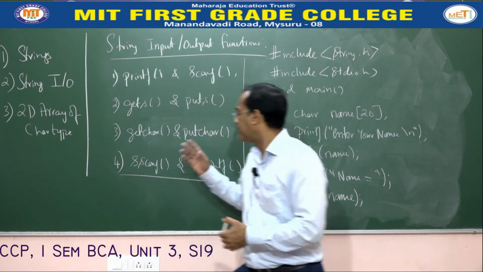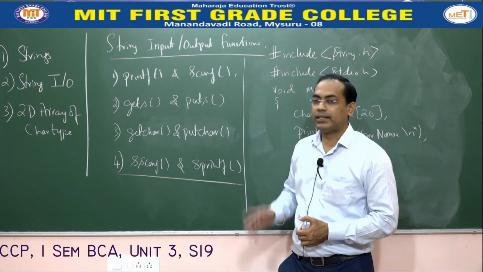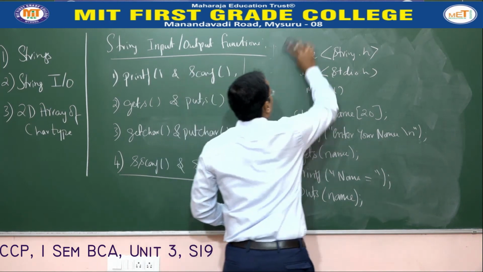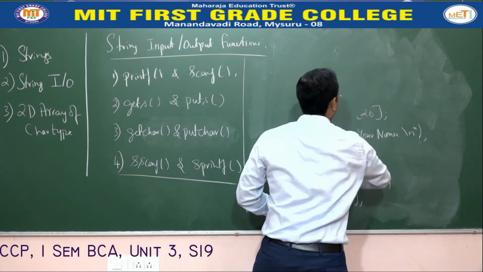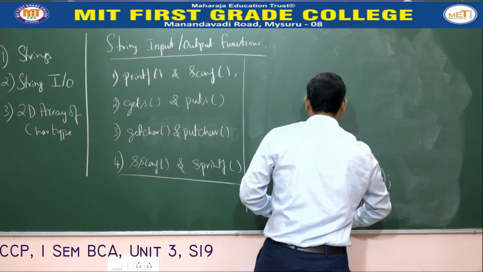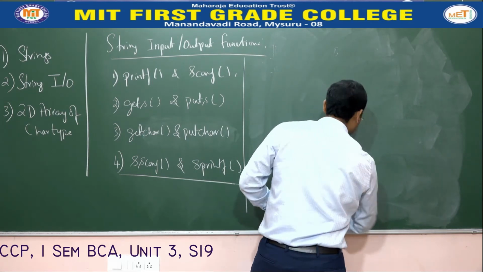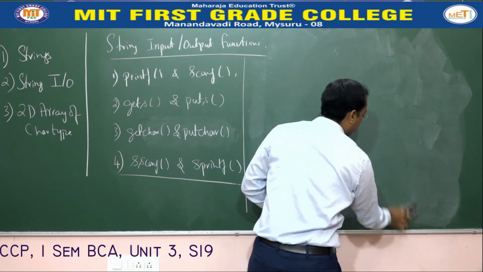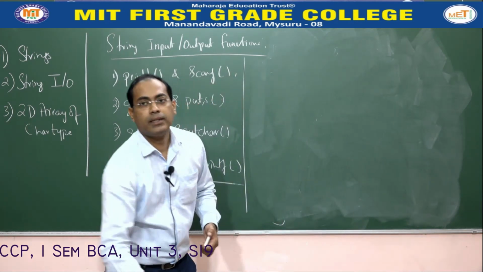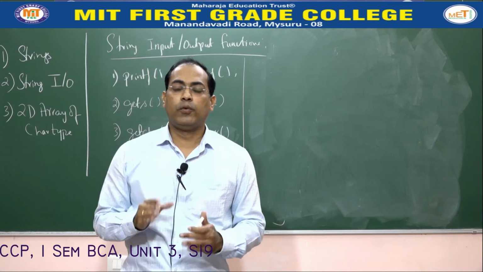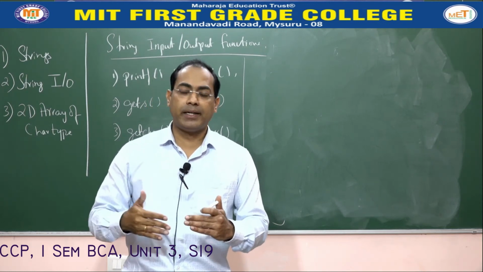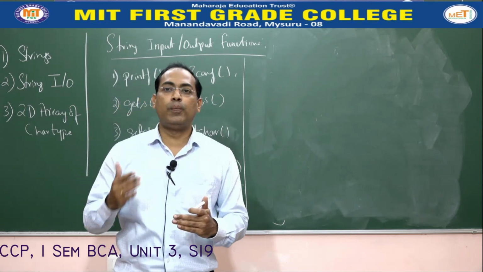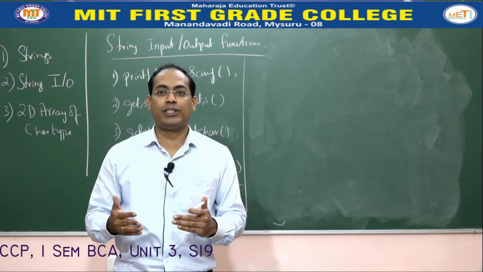Now we'll see the next one, that is getchar and putchar. These functions you already have seen to accept a single character. Now we are going to accept a sequence of characters using getchar and putchar. How do you do that? If you want to do a task repeatedly, then you have to take the help of the looping statements or iterative statements.